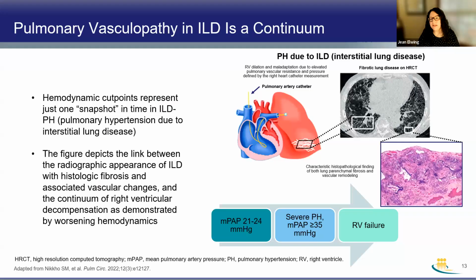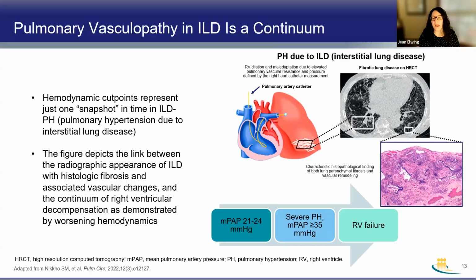And if you look here at this individual who has advanced parenchymal lung disease and you look at a biopsy, you'll see in this biopsy specimen that not only the lungs are altered, but also the vasculature. And it's not just an on-off switch. You don't just develop pulmonary hypertension and that's the end of the story. The destruction goes on as the disease worsens.